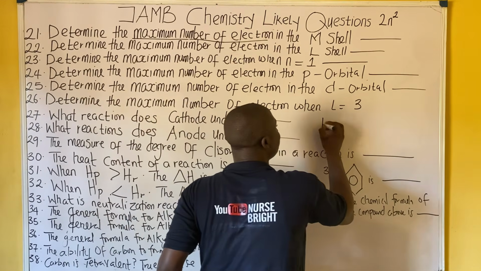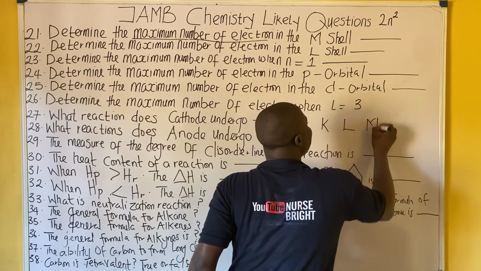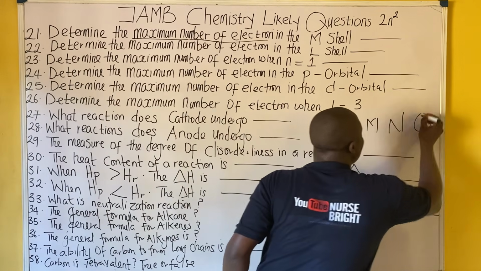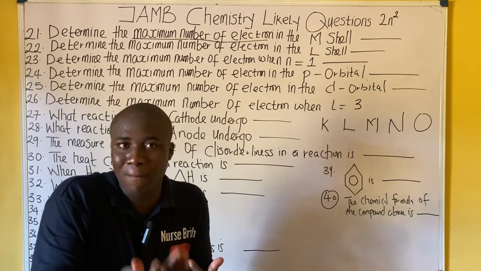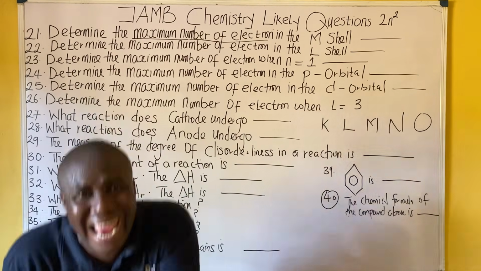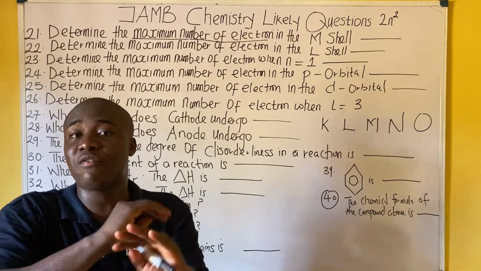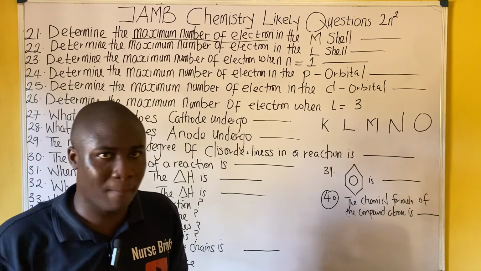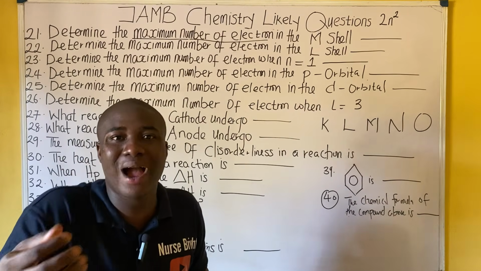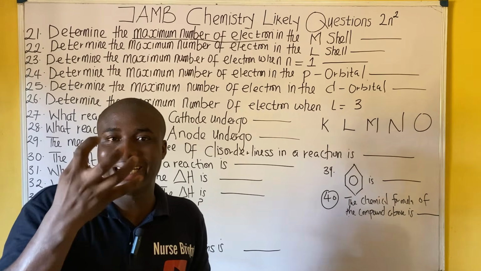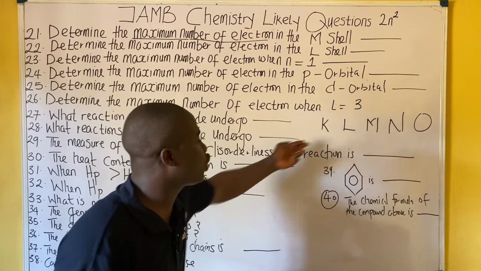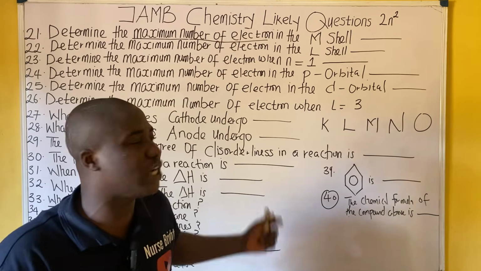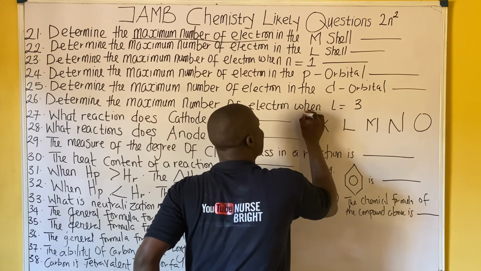The shells include the K, L, M, N shell, even the O shell as well. All of these shells have numbers, and these numbers are determined by n. In that lesson, I covered the different quantum numbers, because n is called the principal quantum number, since it is the principal quantum number that determines or describes shells. So that n gives all these shells their numbers, and the number starts from 1.